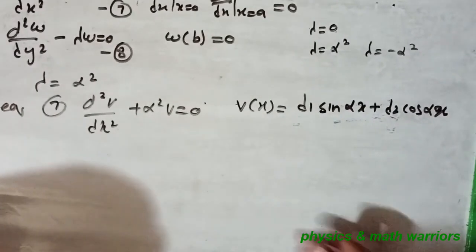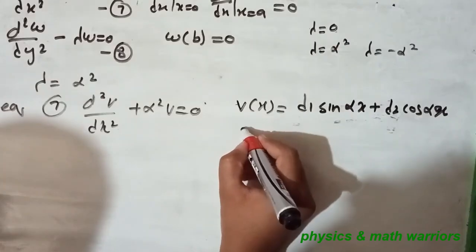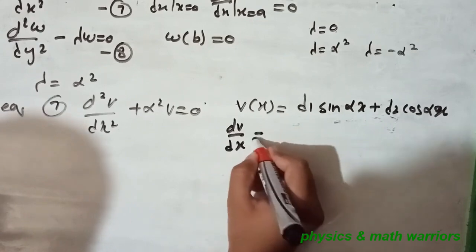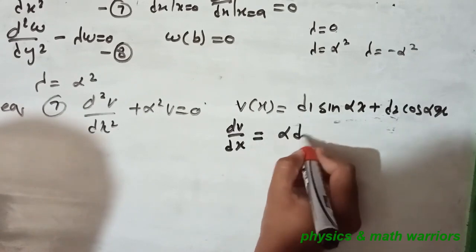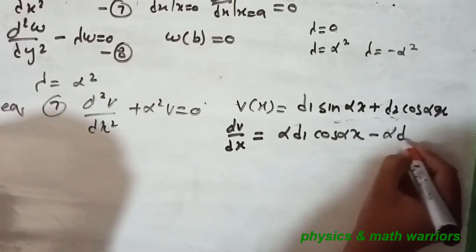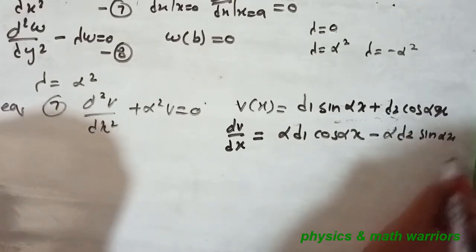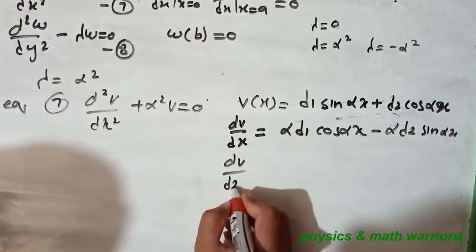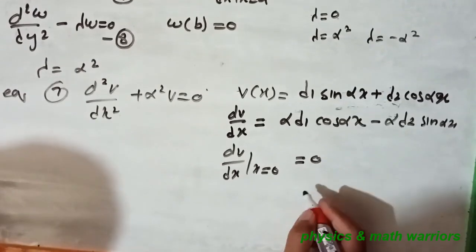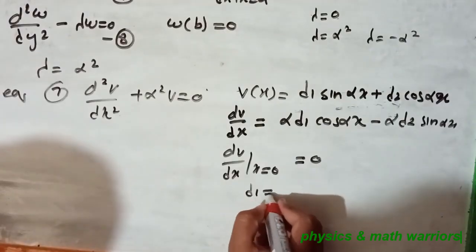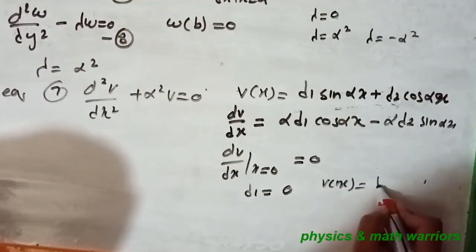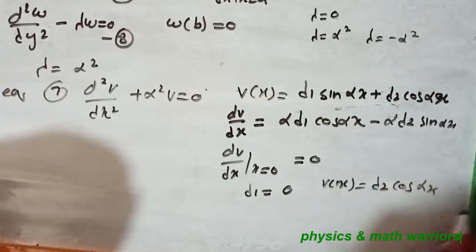Now we'll use the boundary condition to find the values of d1 and d2. dv over dx is equal to alpha d1 cos alpha x minus alpha d2 sin alpha x, and dv over dx at x is equal to 0 is equal to 0 implies d1 is equal to 0. So v of x is equal to d2 cos alpha x.